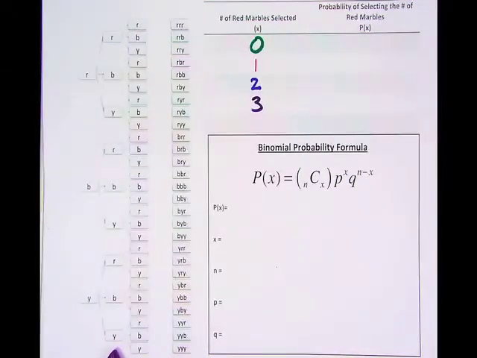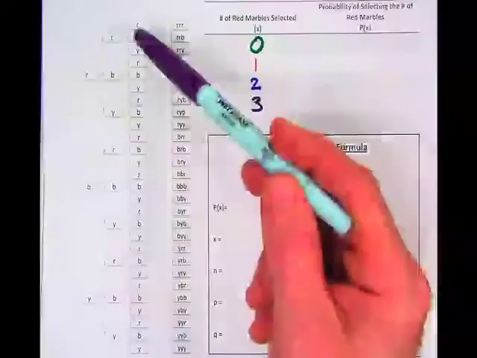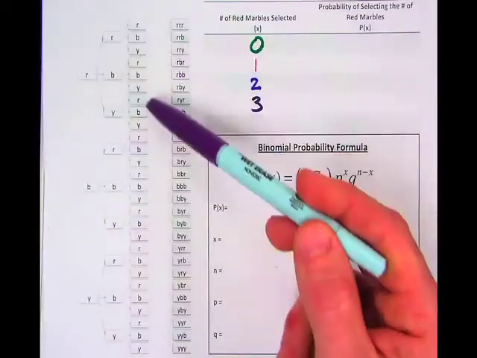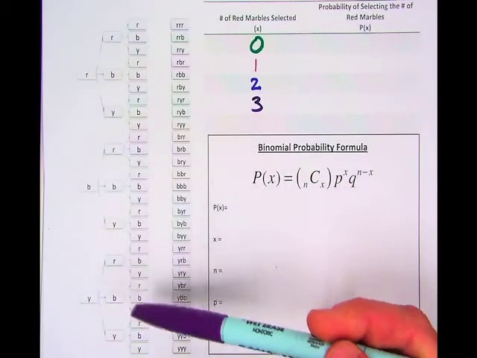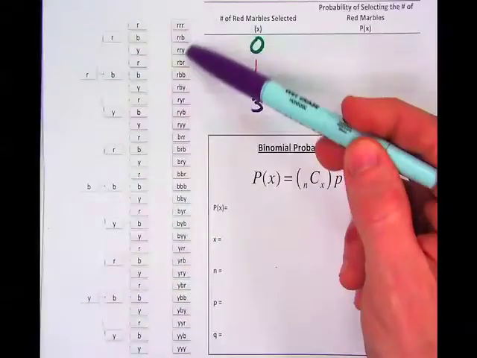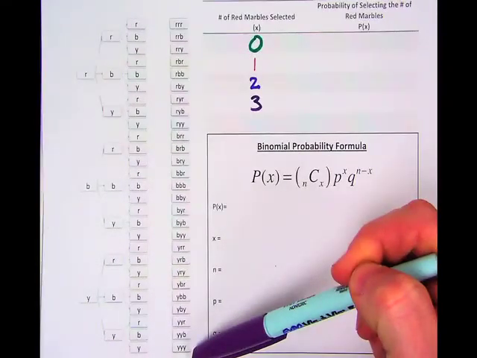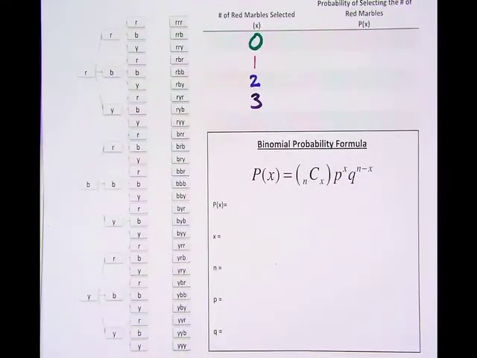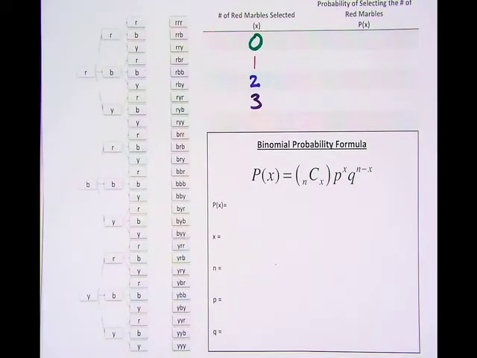And for our third marble, again, all of our choices are available. So we know this is 3 times 3 times 3 for 27 possibilities. And here is a listing of our entire sample space, all 27 of them.